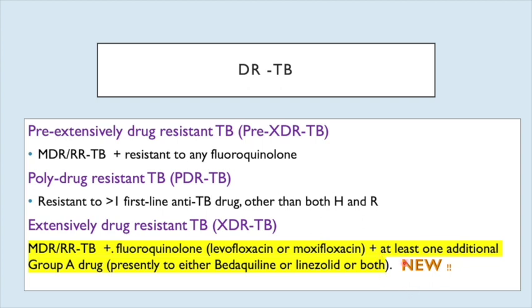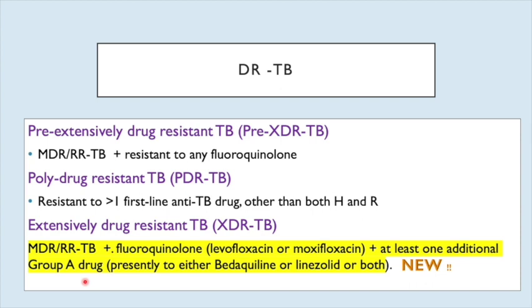What has changed is that if a patient has MDR or rifampicin resistance, and in addition fluoroquinolone resistance, levofloxacin or moxifloxacin, and at least one additional group A drug, out of which presently either bedaquiline or linezolid or both, because these are available now across the country, then it will be called XDR or extensively drug-resistant TB.